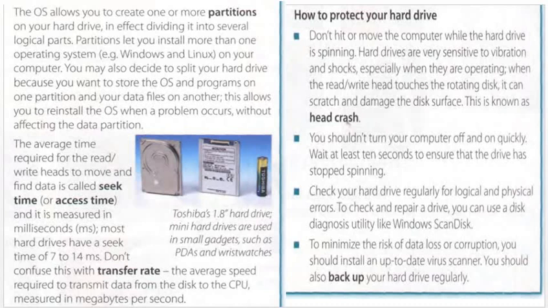Most hard drives have a seek time of 7 to 14 milliseconds. Don't confuse that with transfer rate, the average speed required to transmit data from the disk to the CPU, measured in megabytes per second.